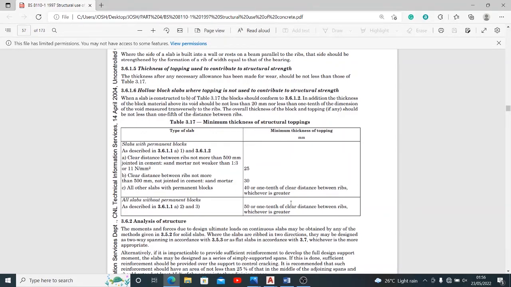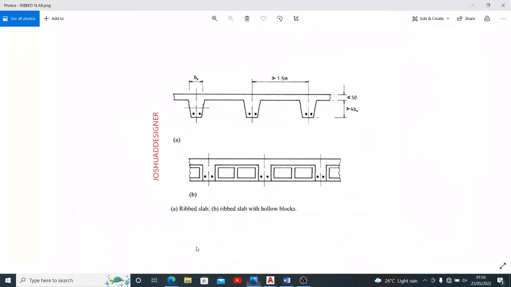And that is why you see in the figure I showed to us earlier that it should be less than or equal to 50 millimeters. I believe that should be clear enough for everybody to understand, right?